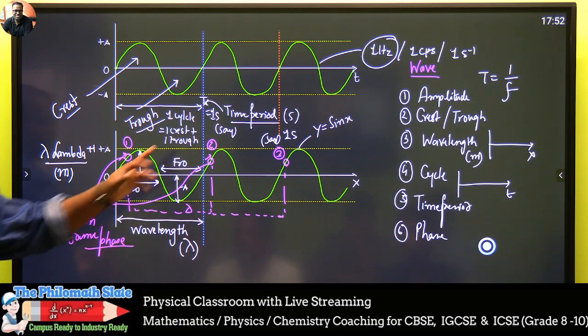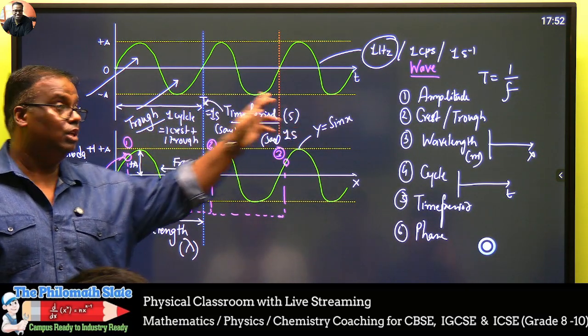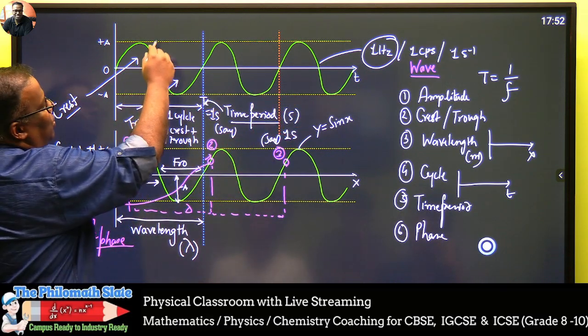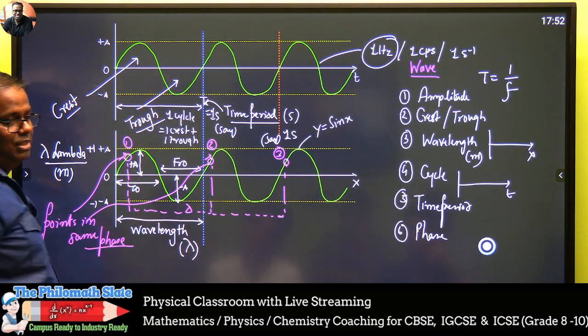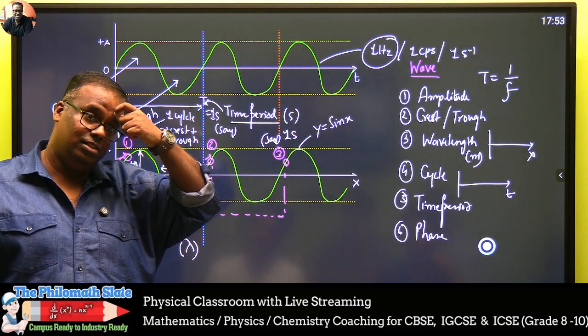Now what is the frequency? In 1 second, 2 is the frequency. 2 cycle मार लिए हो. 0 होने के लिए यहाँ पे होना पड़ेगा, 0.5 होने के लिए यहाँ पे होना पड़ेगा. मतलब 1 सेकंड में हाफ हुआ, half cycle. 2 cycles have been done. Do you understand? Okay, very good.